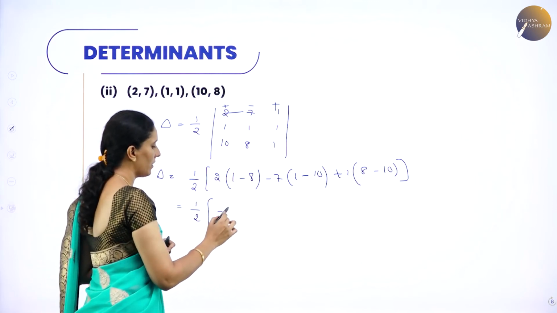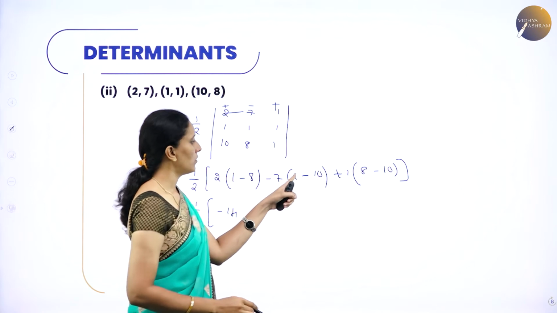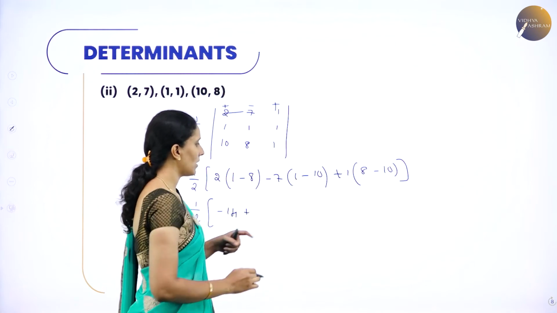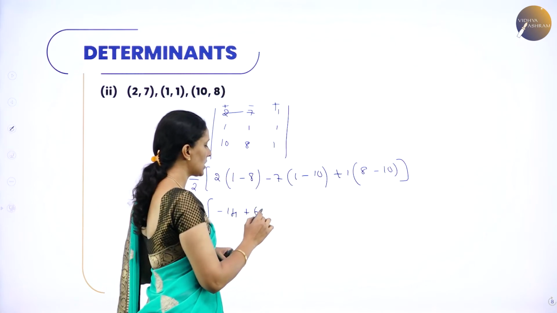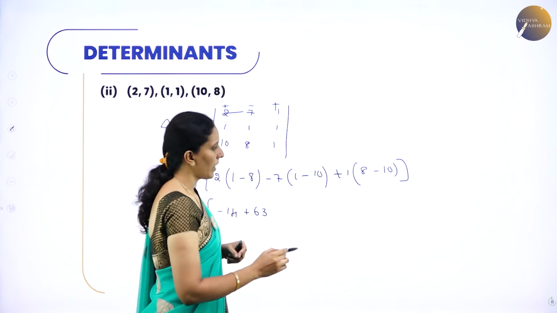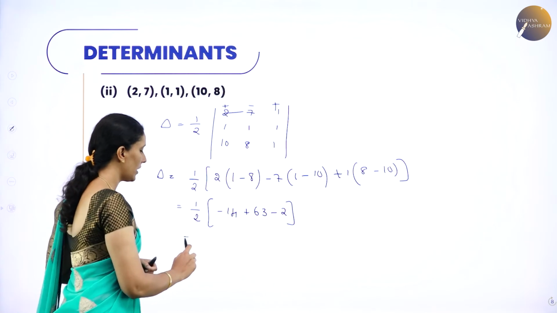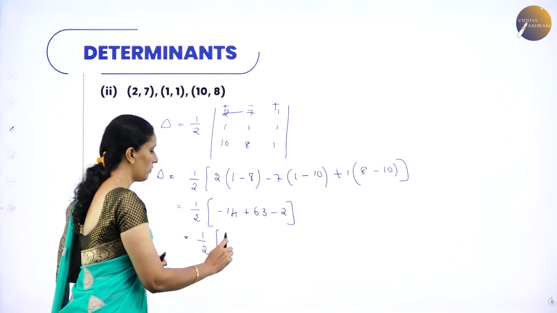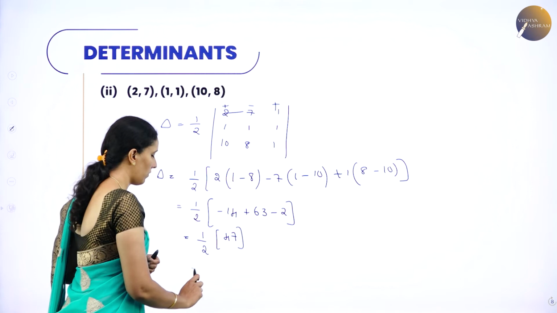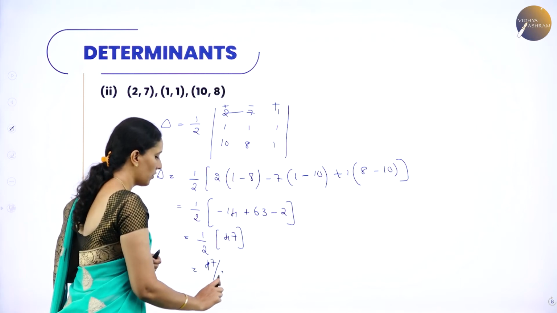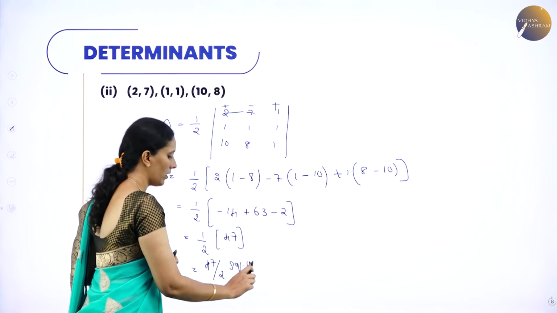Minus 7 becomes minus 14. So, minus into minus plus, it becomes 9 sevens are 63. Next, we have minus 2 into 1 minus 2. So, after solving this, we get half of 47. Therefore, the area is 47 by 2 square units.